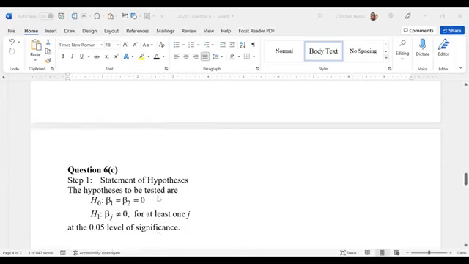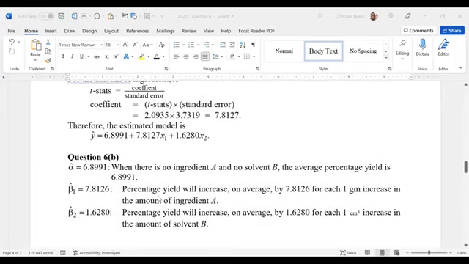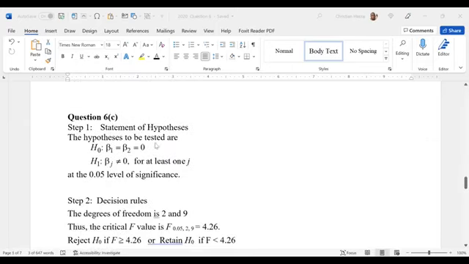In fact, when beta 1 and beta 2 are all equal to 0, or not significantly different from 0, then there is no model. So beta 1 and beta 2 should be significantly different from 0. Here we are testing the significance of the regression model.